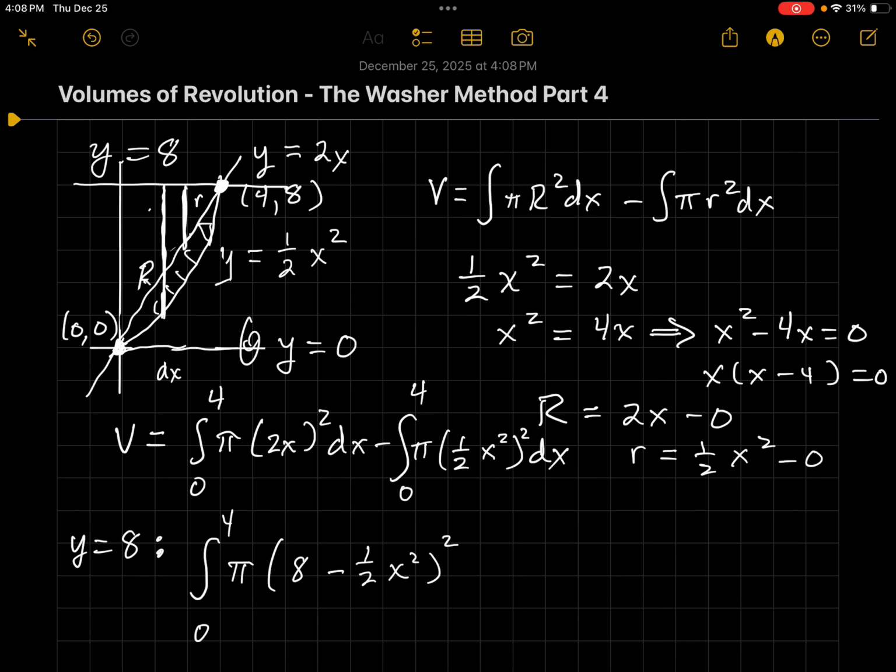Don't forget to square that. Don't forget times dx. That gives it a volume or a third dimension. Let's subtract off the smaller ones. Here's our little radius right here, big Y minus our small y. And we'll square that as well.